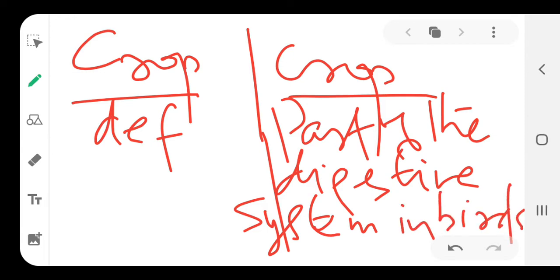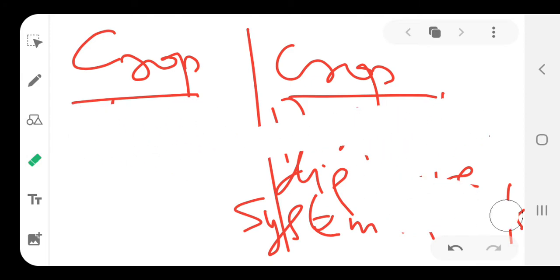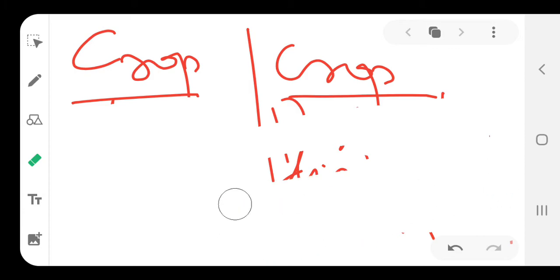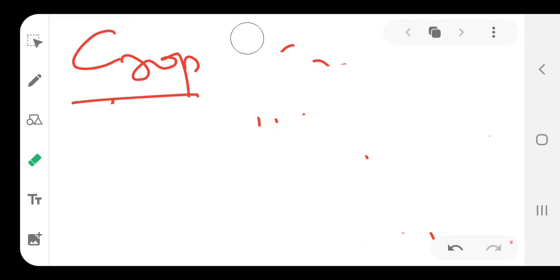Okay, and what its function is we will study later, but for the time being you should know it is a part of the digestive system in birds, where the grains that they consume are ground with the help of grit. That topic we'll do after some time. For the time being, you should know that these two terms are different. So let us start with the crop that is for our study line.